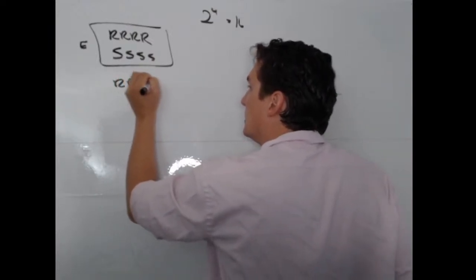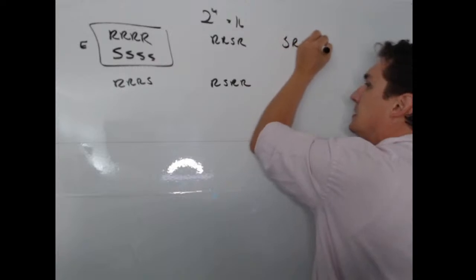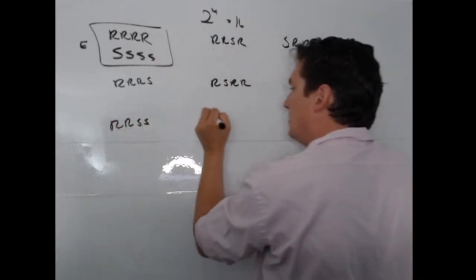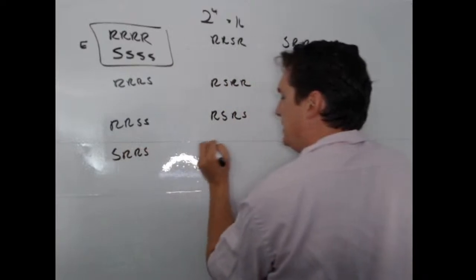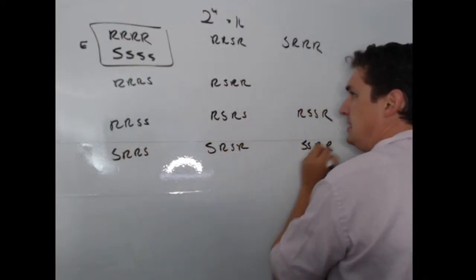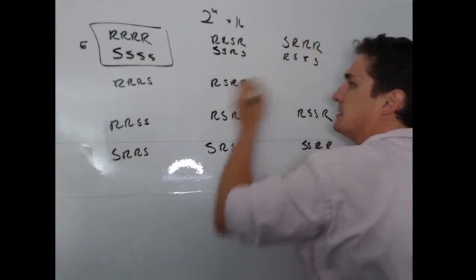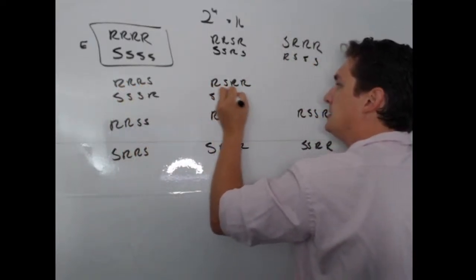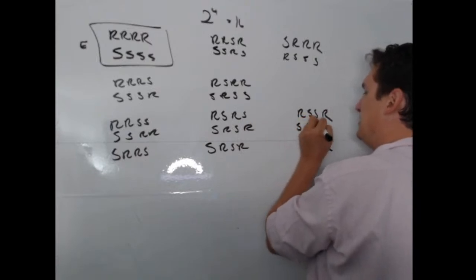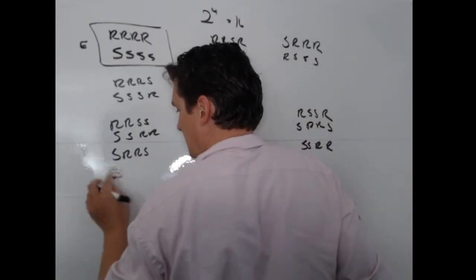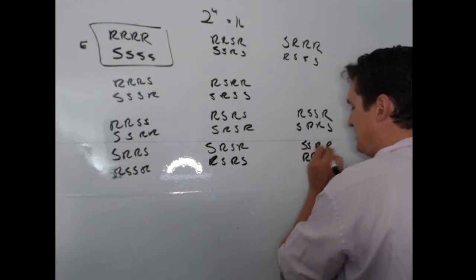So we have R, R, R, S, then R, R, S, R, and so on, iterating through the combinations with R and S. With each of these, you do the enantiomer pair, flipping every center.